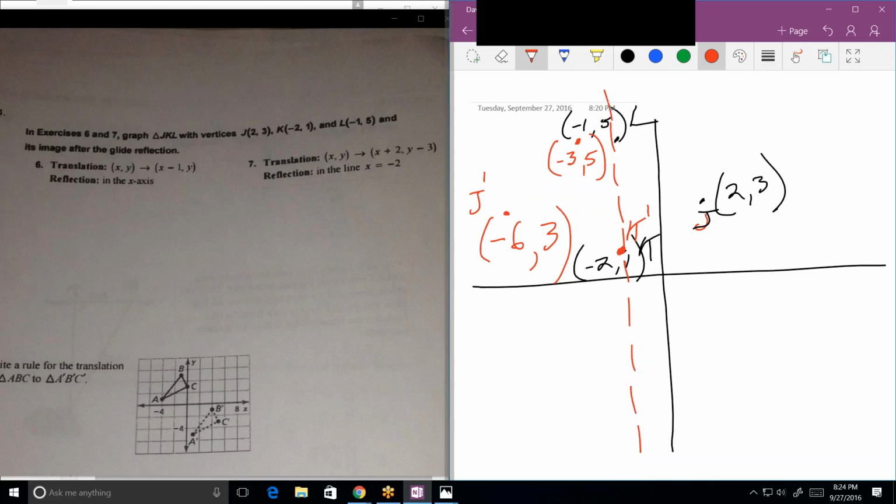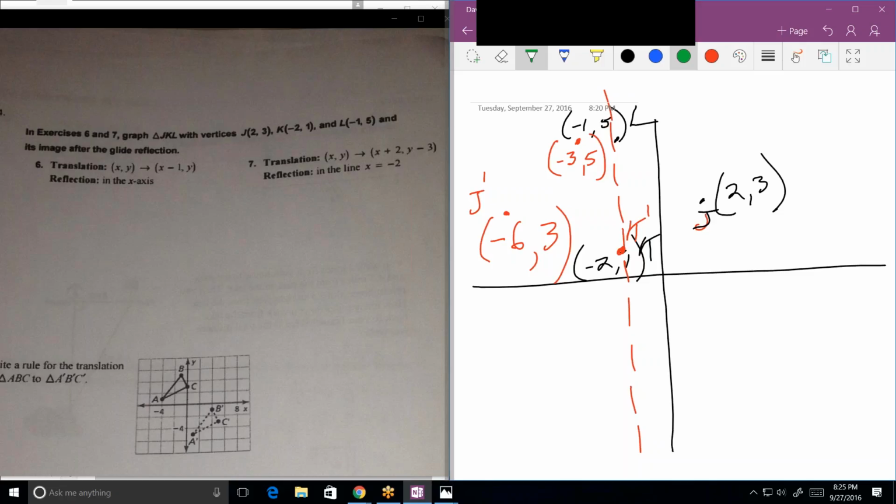Now let's do the translation. Add 2 to every x-coordinate, subtract 3 from every y-coordinate. I'm going to put this in green. So where is the new J double prime? Add 2 to the x-coordinate and subtract 3 from the y-coordinate.